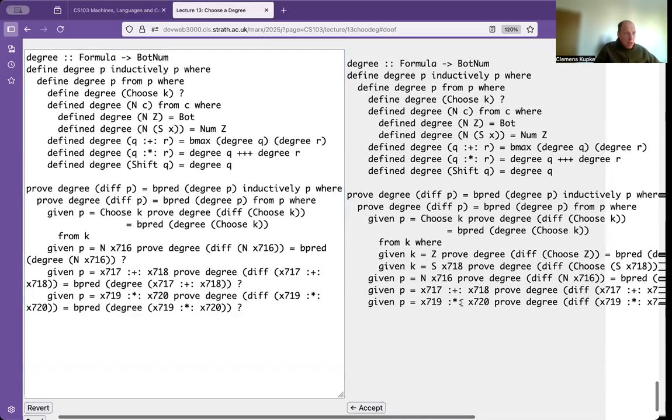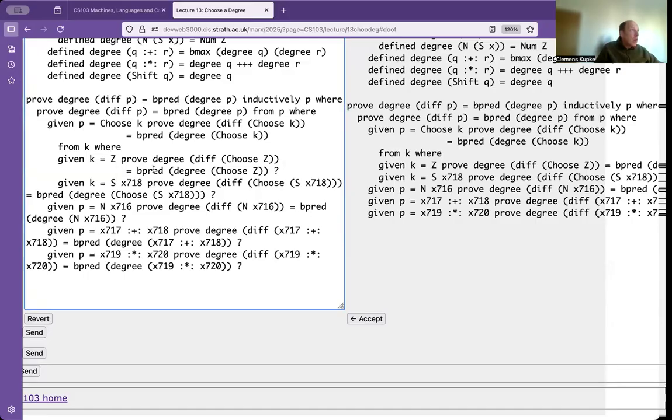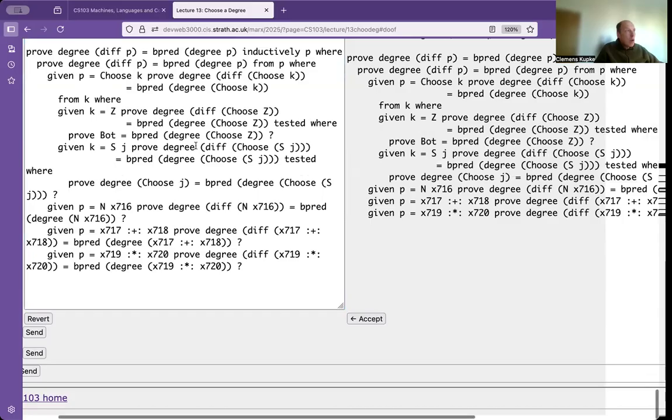We know we have to look at K. This is J. All right, and then I'm going to say test for both of those, and let's see what comes back. See if we get any kind of a clue.